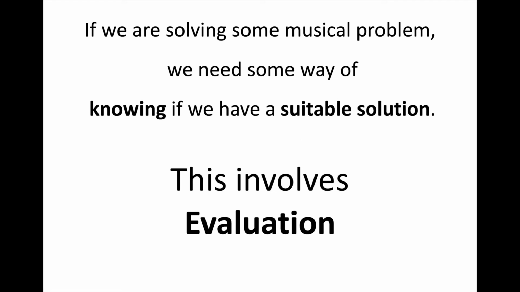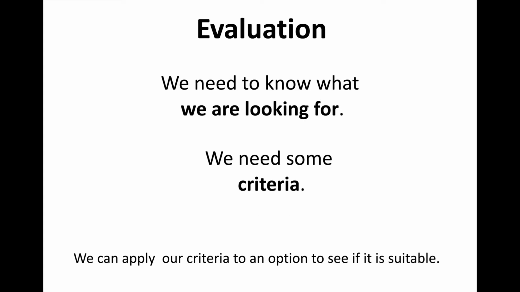So, if we are solving some musical problem, we need some way of knowing if we've got a suitable solution. So that means evaluation. We need to know what we're looking for. So we will need some criteria. And then once we've got criteria, we can generate different possibilities and test them against this criteria and see if we think it's suitable.